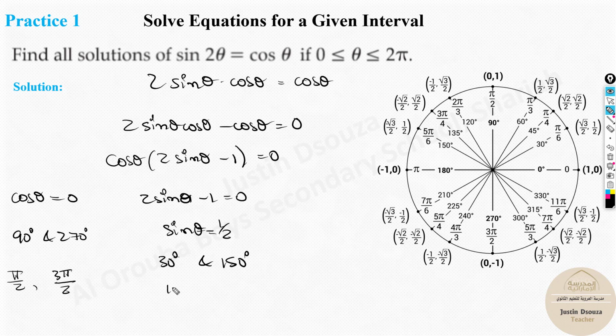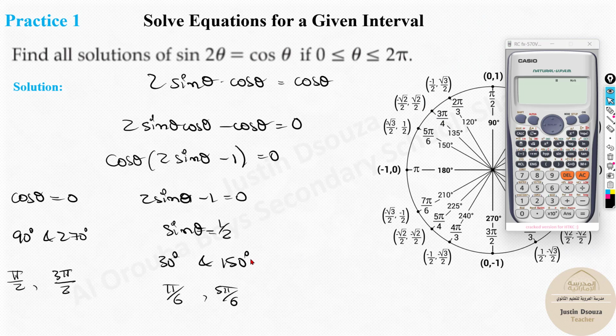Now 30 is pi by 6 and 5 pi by 6 is 150 degrees. If you're thinking how I converted it, I'll show the conversion in the calculator as well. All you need to do is take 150 degrees. The shortcut method would be 150 divided by 180. That's it. Always divide by 180. What is it? 5 by 6?